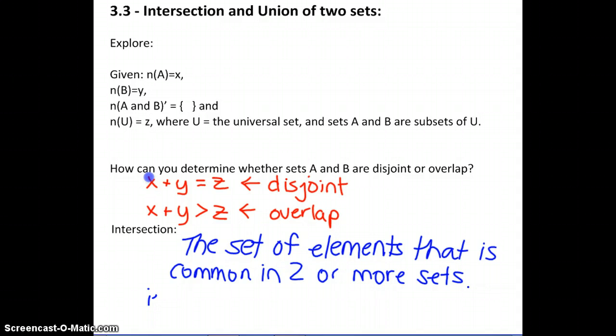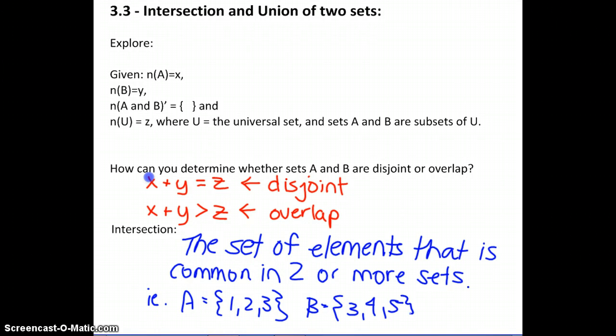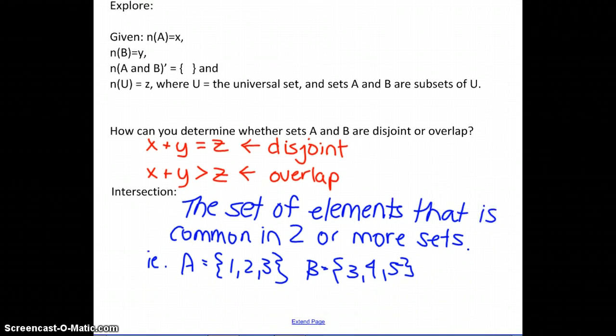For example, if set A is {1, 2, 3}, oops, that should be a curly bracket, and set B is the elements {3, 4, 5}, then we can write A intersected with B is the element 3. Because 3 is in both set A and set B, the overlap between A and B is the element 3.